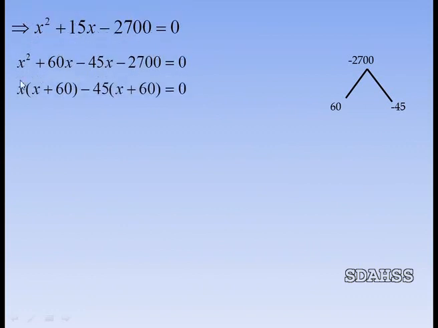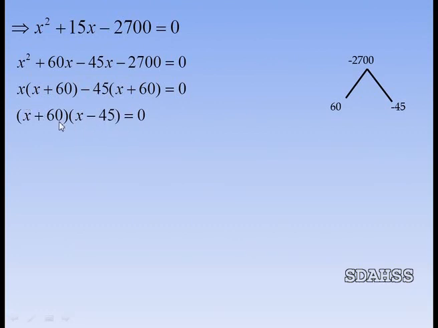So this becomes x into x plus 60. In the last two terms minus 45 is a common factor, so take it outside. So you have minus 45 into x plus 60 equal to 0. Now x plus 60 is a common factor, so take it outside. So this becomes x plus 60 into x minus 45 equal to 0.